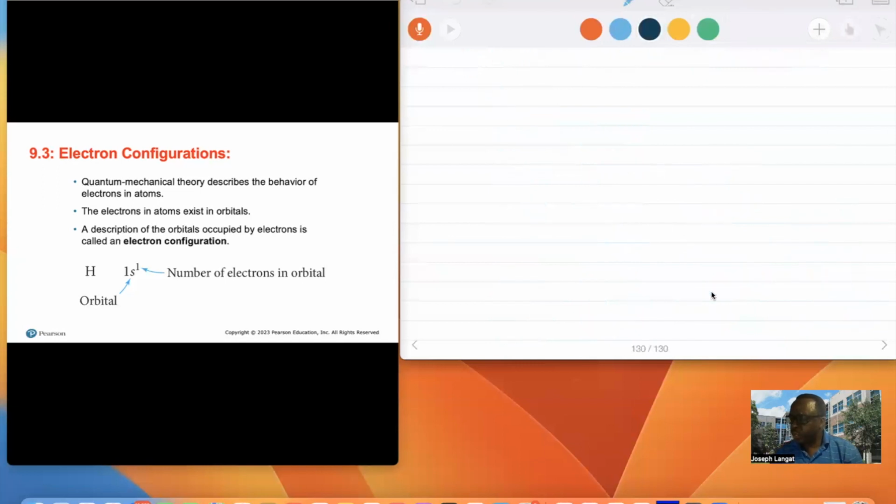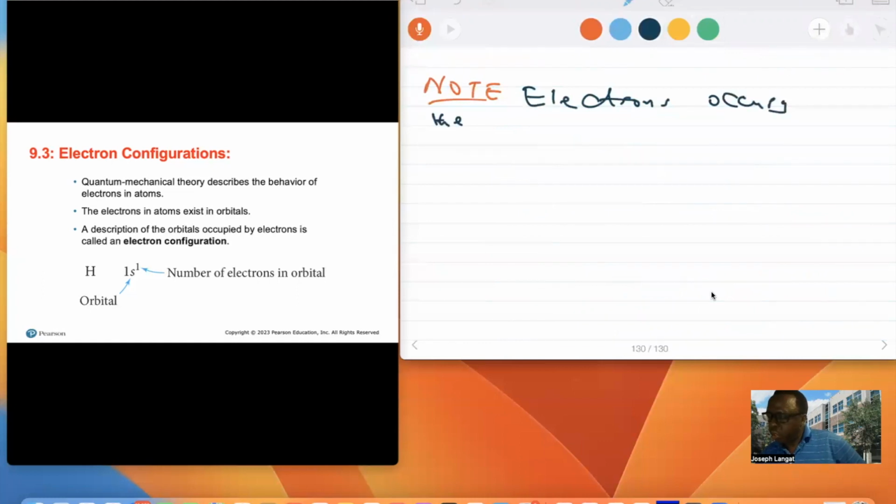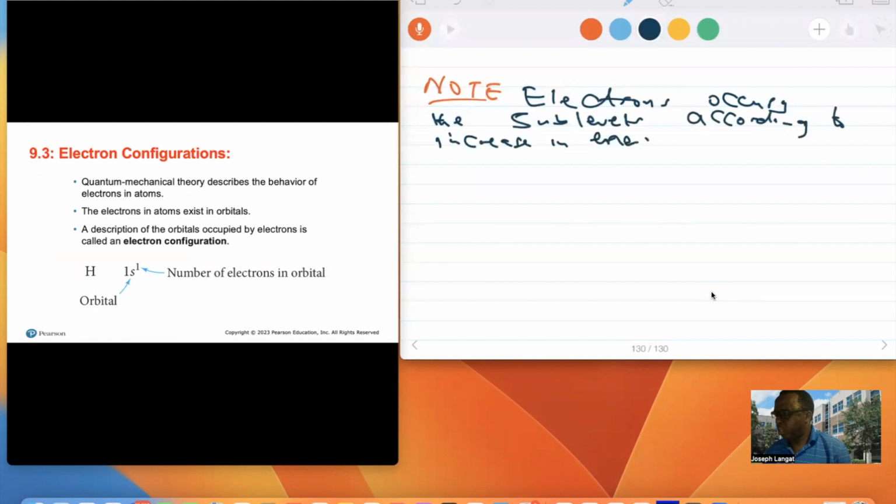Now, you need to note that electrons fill sublevels according to increase in energy.